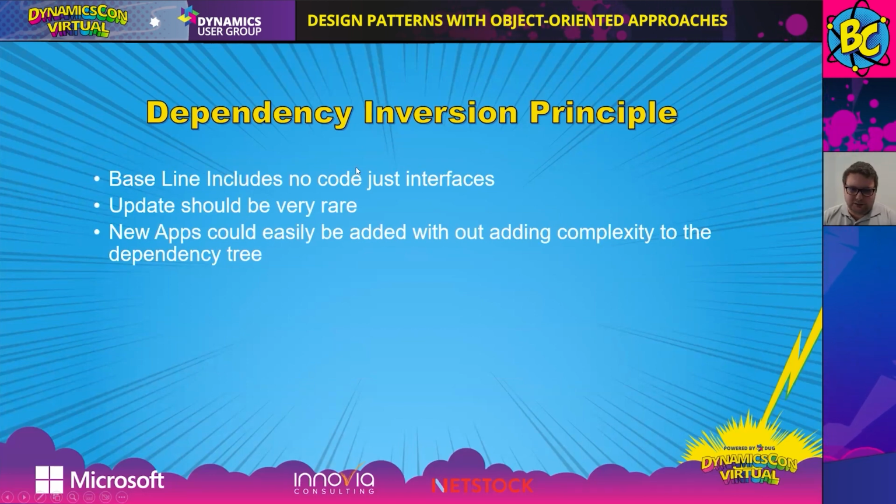The baseline itself includes no code. It's just interfaces, or at the maximum a little bit of setup code. Updates should be very rare, so if there's no code, you should not often update the baseline. And you could easily add new apps without adding complexity to the dependency tree.